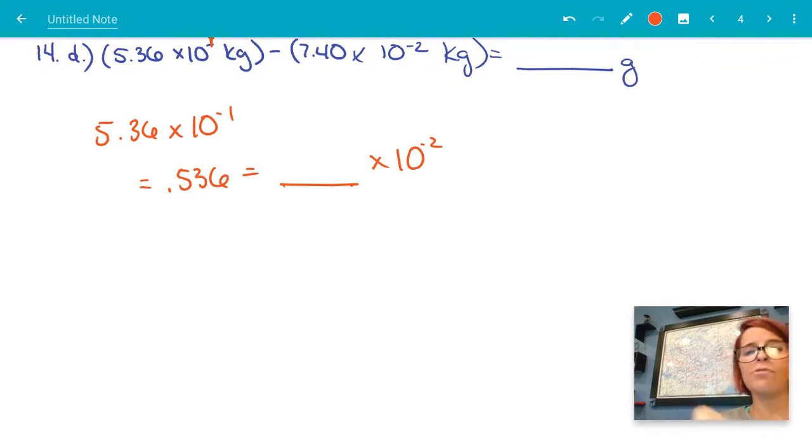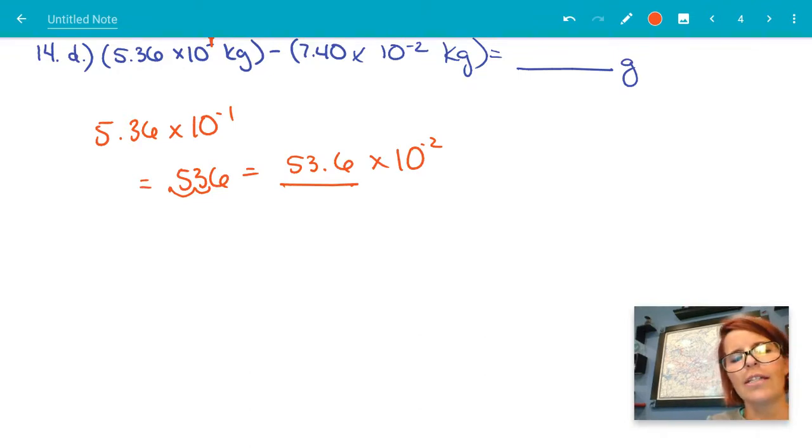If I move the decimal 2 spaces and made it 53.6 and then multiplied that by 10 to the negative 2, the decimal would go 1, 2, and turn it back into this number. So I have done it correctly. 53.6 is the correct number.